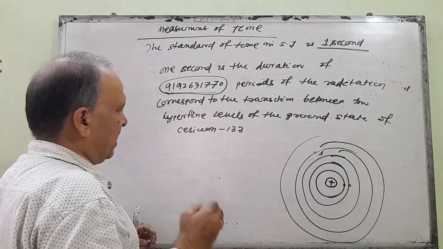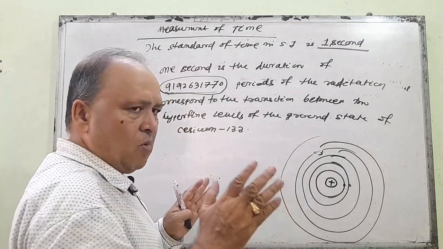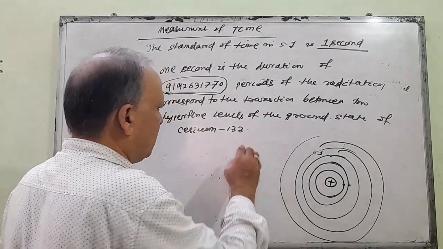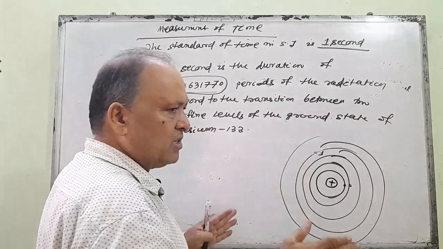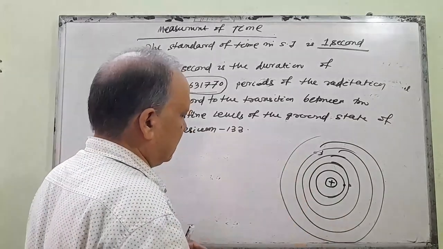I am telling you again, you take cesium-133, this is an element, you keep it in ground state, that means normal state.